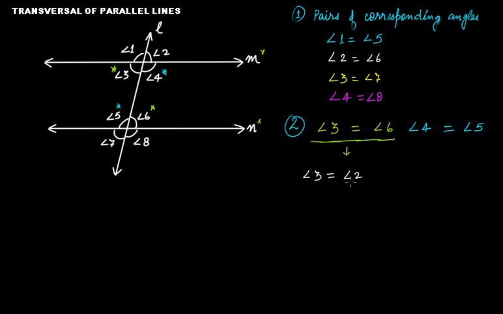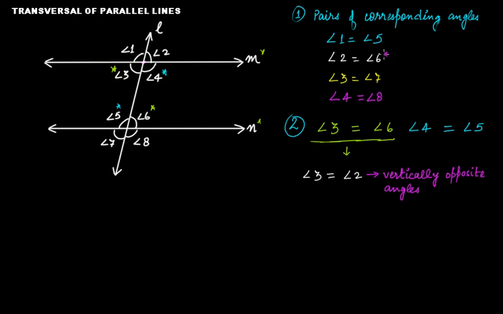If you're scratching your head and saying how is it possible, then let me remind you, this is one line, this is another line, they are intersecting at this point, and angle 2 and angle 3 are vertically opposite angles, right? Therefore, they are equal.